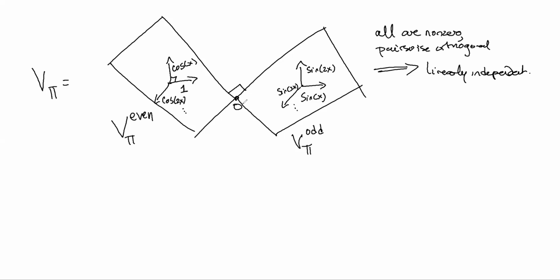Good question. Do these subspaces have functions other than sine and cosine? Yeah, here's another function that's in the even subspace, absolute value. And here's another function in the odd subspace, s of x, the step function. I mean, okay, s of x, technically at 0, it's not odd, it has to be 0 at 0.